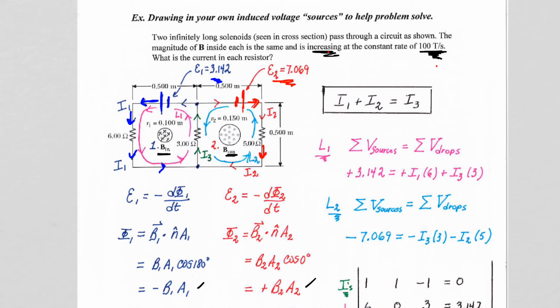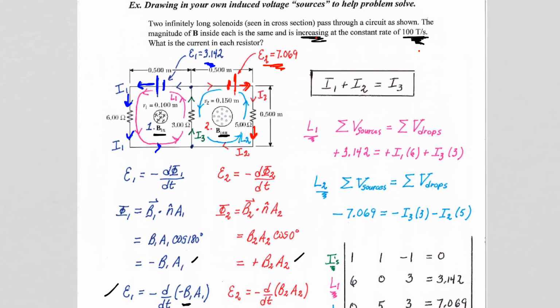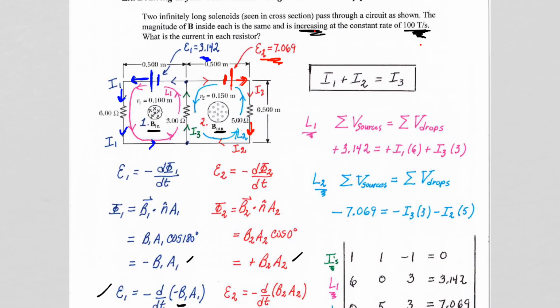And once that's done, now I'm just going to solve it as a Kirchhoff voltage loop problem that we've solved before. So I'm assigning I1 to battery 1, I2 to battery 2. I1 and I2 come together at this junction to make I3. I've used interior loops.